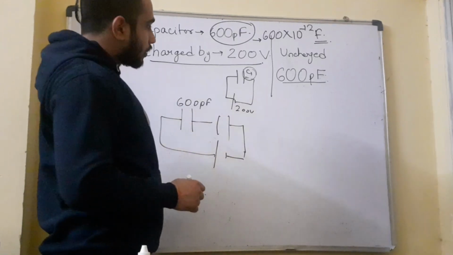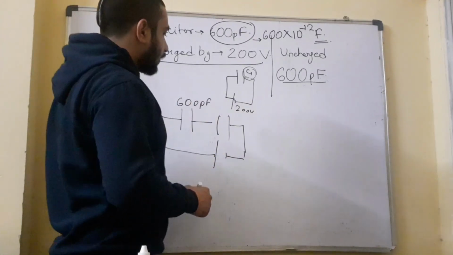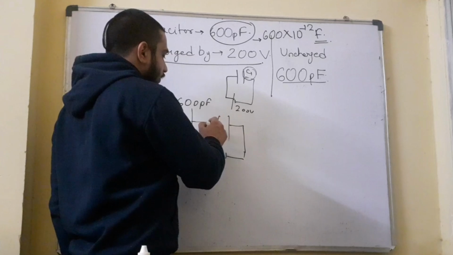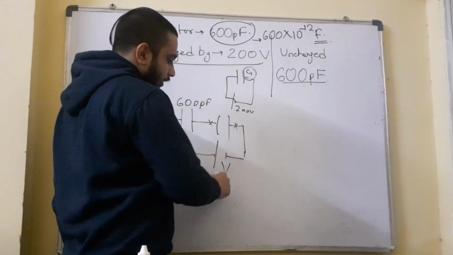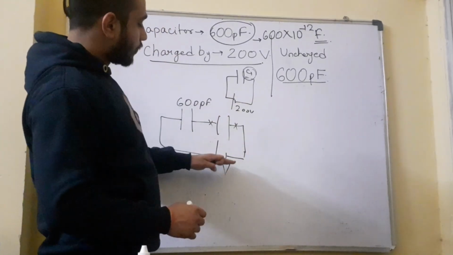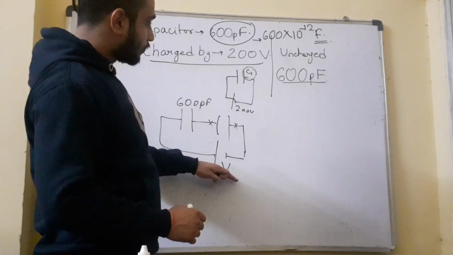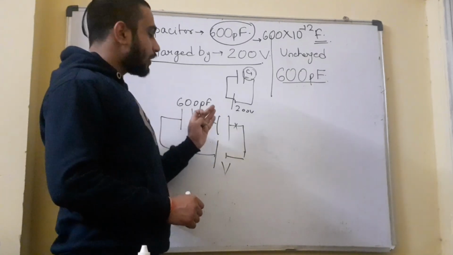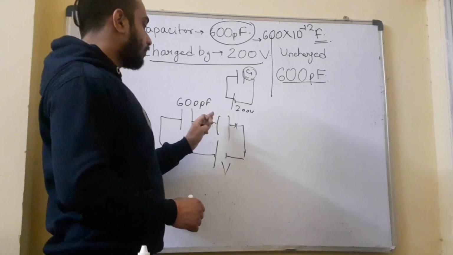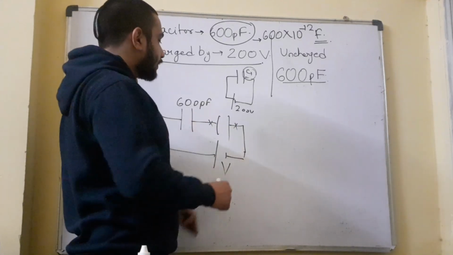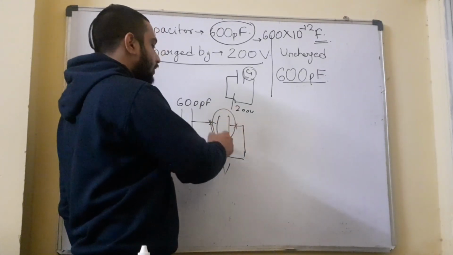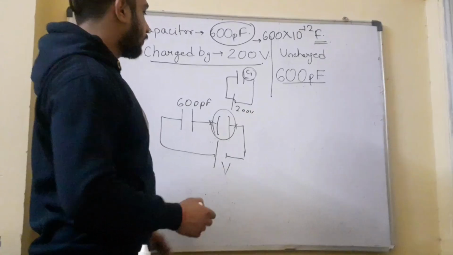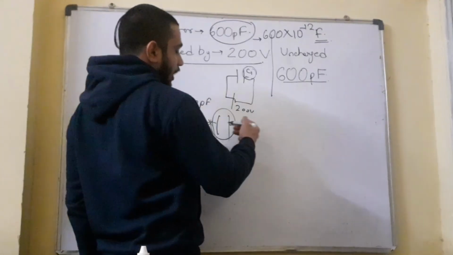Okay, so there is a property of the uncharged capacitor. What is there? When it is connected to this battery which has a voltage of V volt, what will happen when it is an uncharged capacitor? We can replace it with a wire, because the resistance associated with an uncharged capacitor is 0. So we can easily replace it with the help of a wire.